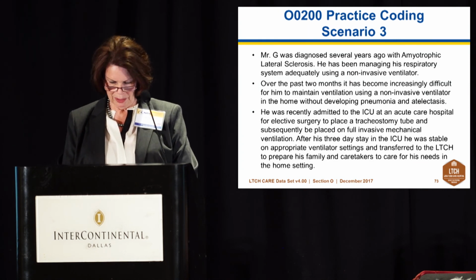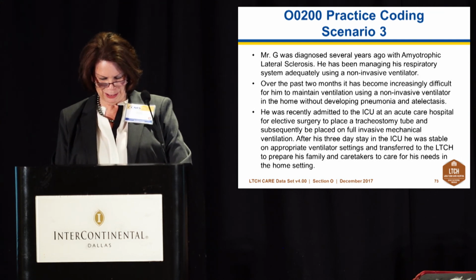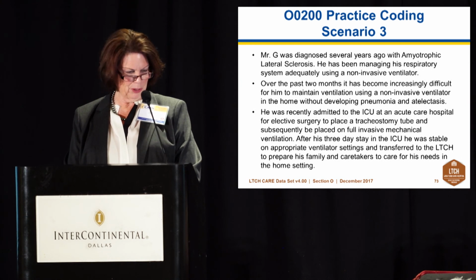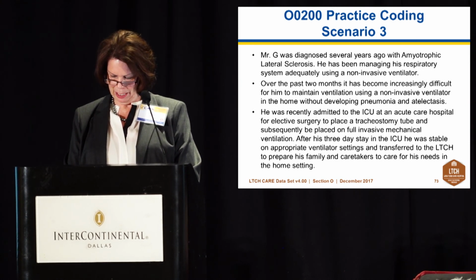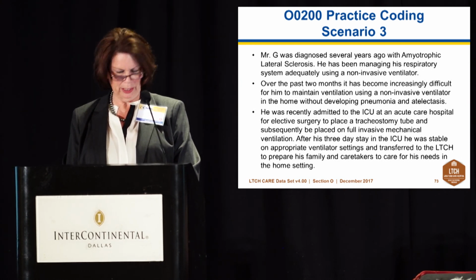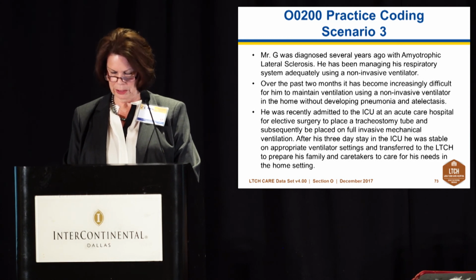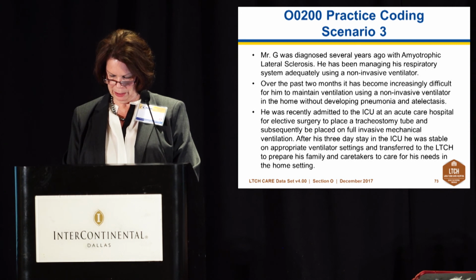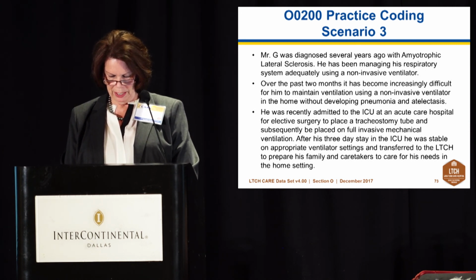Okay, one more. This is the final coding scenario in this presentation. Mr. G was diagnosed several years ago with ALS. He has been managing his respiratory system adequately using a non-invasive ventilator. Over the past 2 months, it has become increasingly difficult for him to maintain ventilation using a non-invasive ventilator in the home without developing pneumonia and atelectasis.